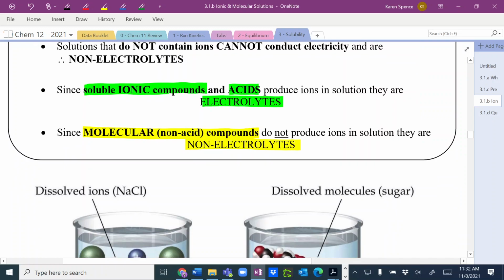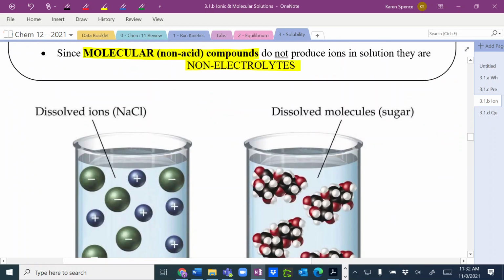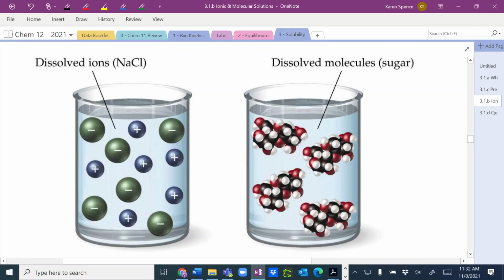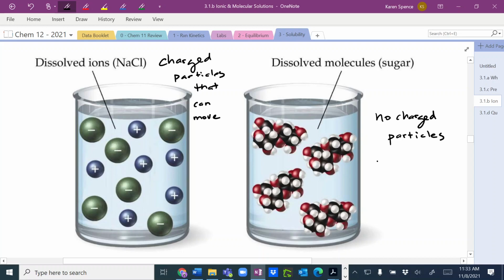And then there's just a little picture here showing you the difference. Here we've got charged particles that can move. And over here we have no charged particles. If you don't have charged particles, you cannot conduct electricity.